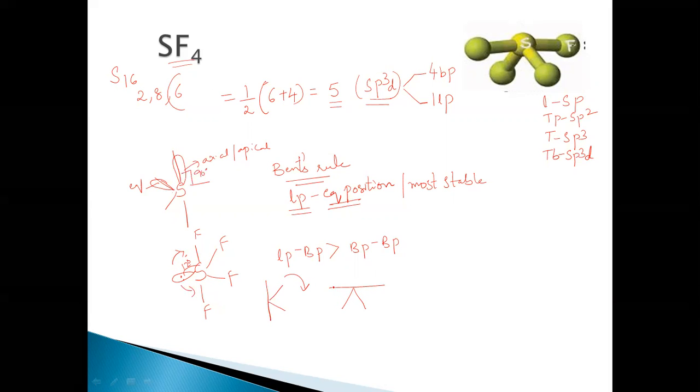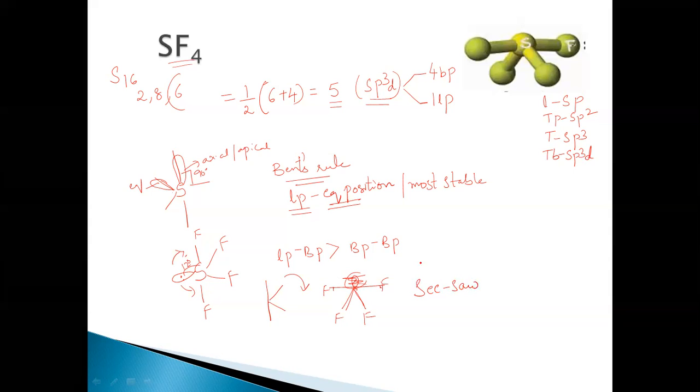So this is like a seesaw, right? The person sitting here, the person sitting here, and this is like a seesaw. There is a fluorine here, a fluorine here, one fluorine here and one fluorine here. When we ignore the lone pair which is present here while taking the shape, it looks like a seesaw.